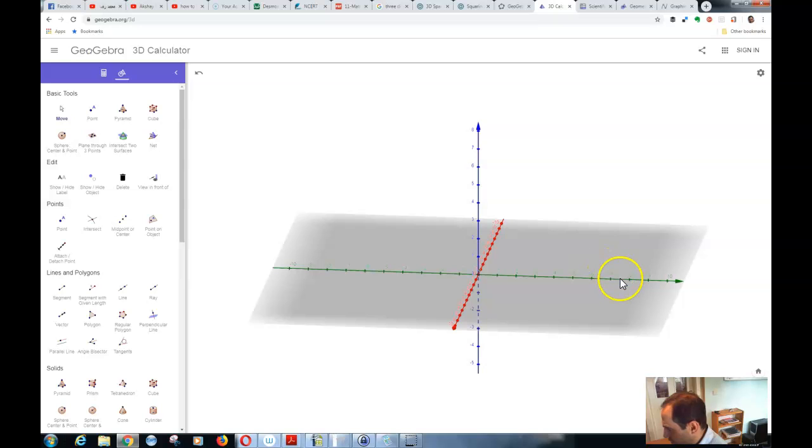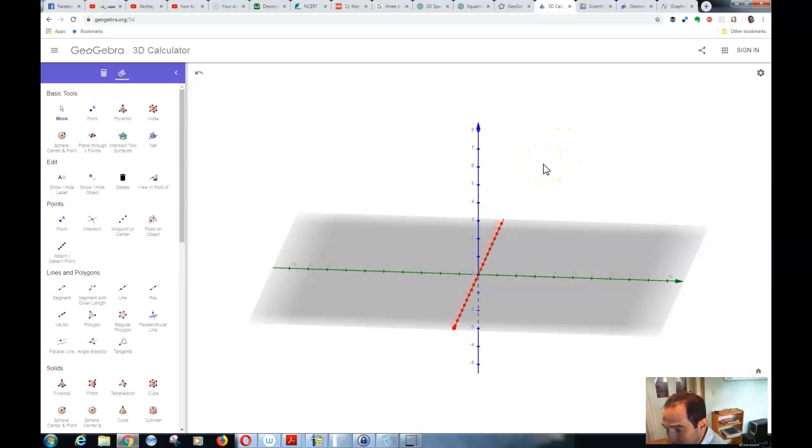Now you can see that right now these are my x's, these are my y's, and these are my z's. Okay, so for example, I don't exactly know how I would put a point right over here, above this plane, somewhere in space.